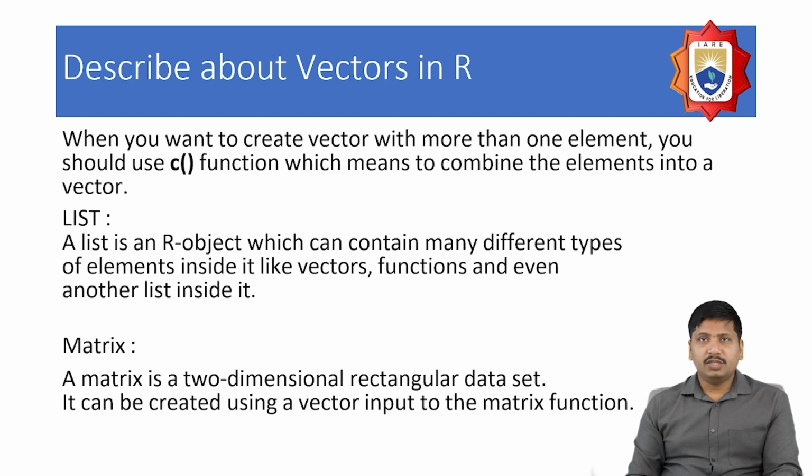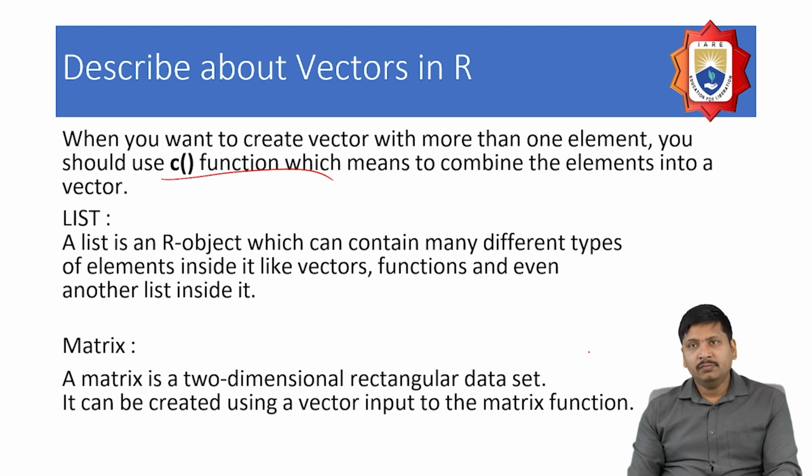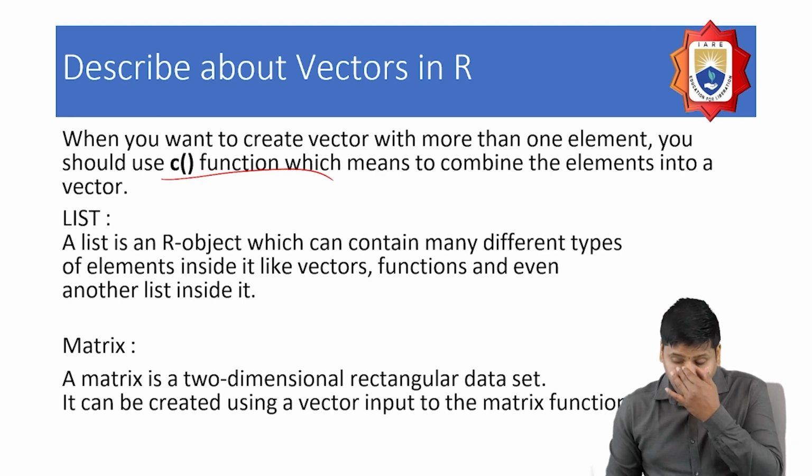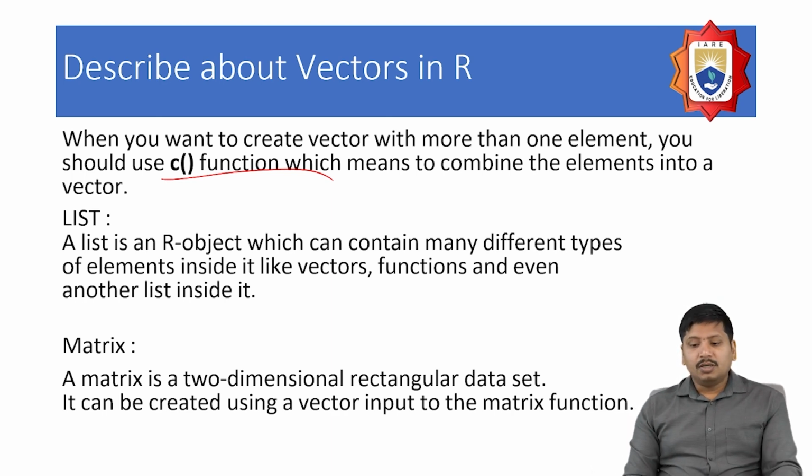Next one: describe the vectors in R. For creating a vector, we need more than one element, and it is created by using the c function. We can combine all the elements by making use of the c function.